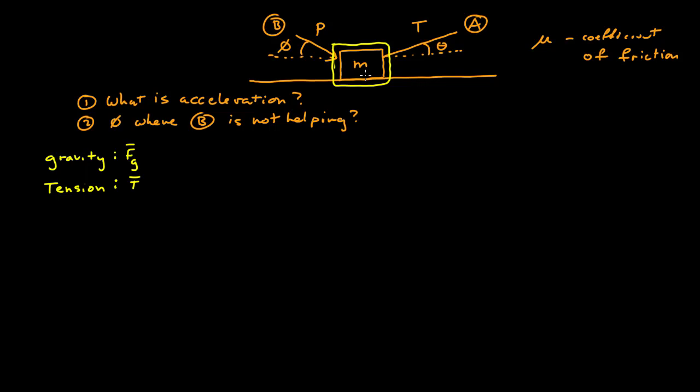So it seems pretty clear that we'd like to divide our contact force between the ground and the mass into a normal and frictional component. We'll call the normal force from the ground N. And there's also going to be a friction from the ground. I'll call that F sub F, the force due to friction.